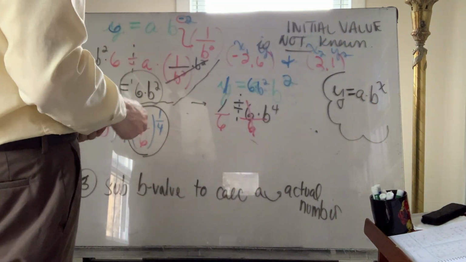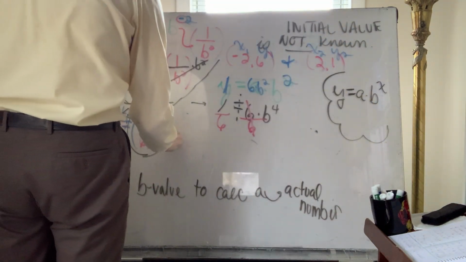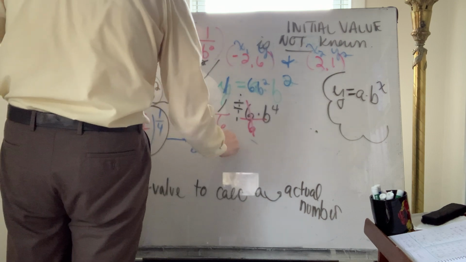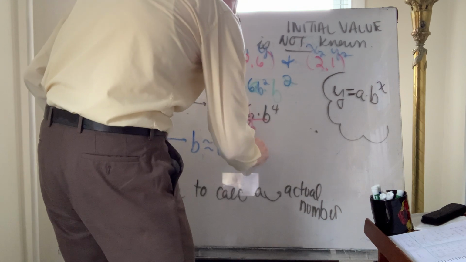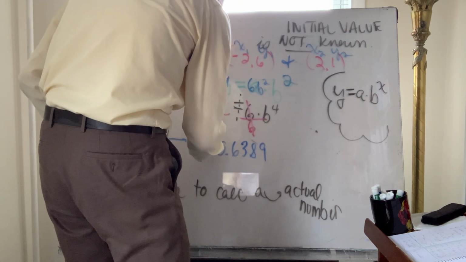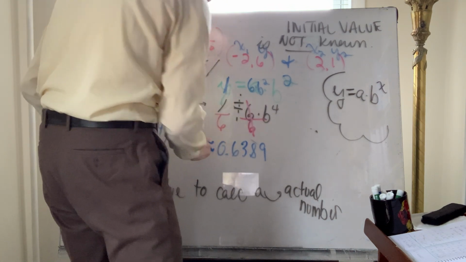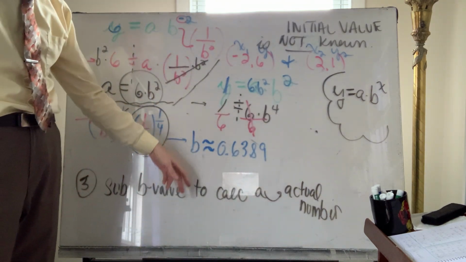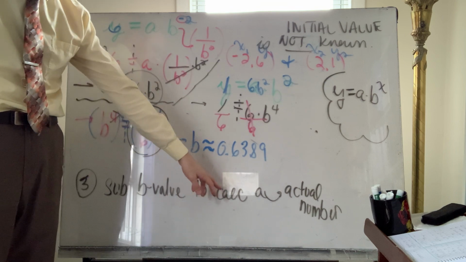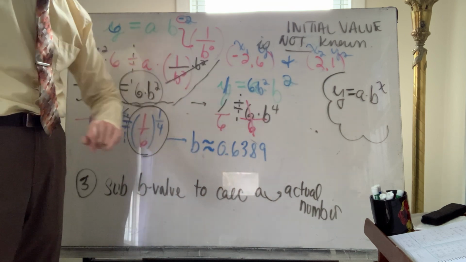So this b value is about equal to 0.6389 approximately if you use 4 decimal places. And now lastly, you're going to substitute the b value, insert it, to calculate the a, an actual number.